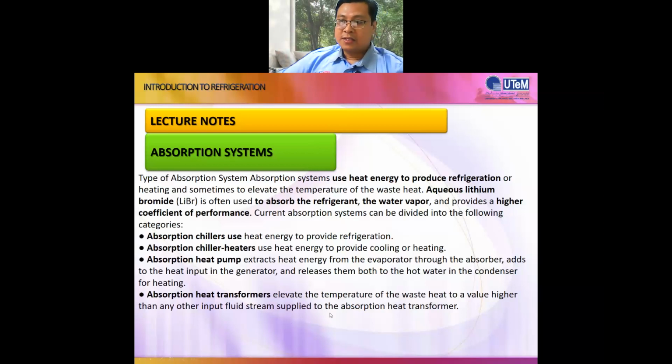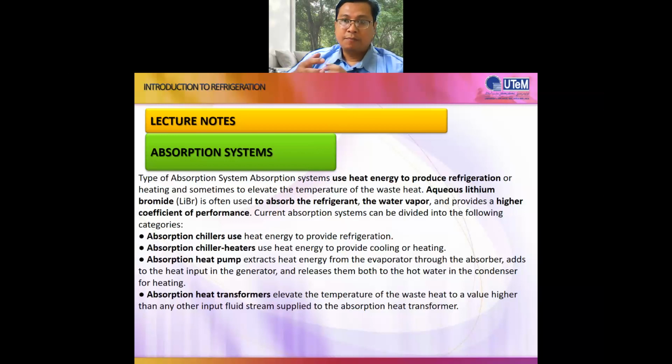Current absorption systems can be divided into the following categories. The first one, the absorption chiller, uses heat energy to provide refrigeration. Then there are absorption chiller heaters, which are a different type of absorption system. They also have the absorption heat pump, which extracts heat energy from the evaporator to the absorber.